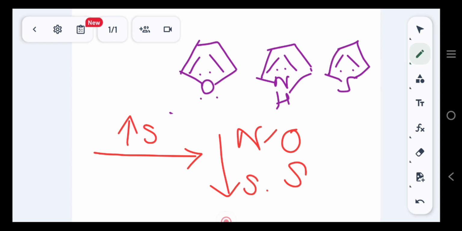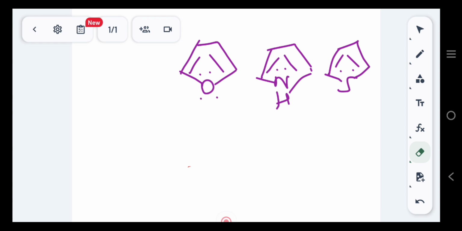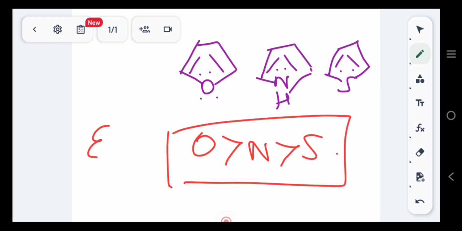So, which is more electronegative? It is oxygen. Then comes nitrogen and then finally sulfur. So the order is oxygen, nitrogen, sulfur. This is the electronegativity order.